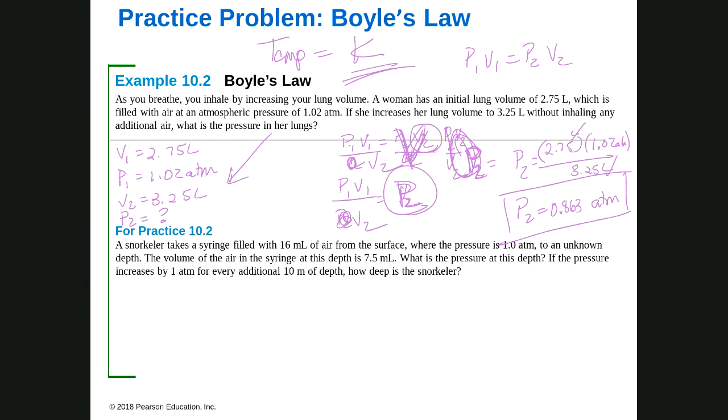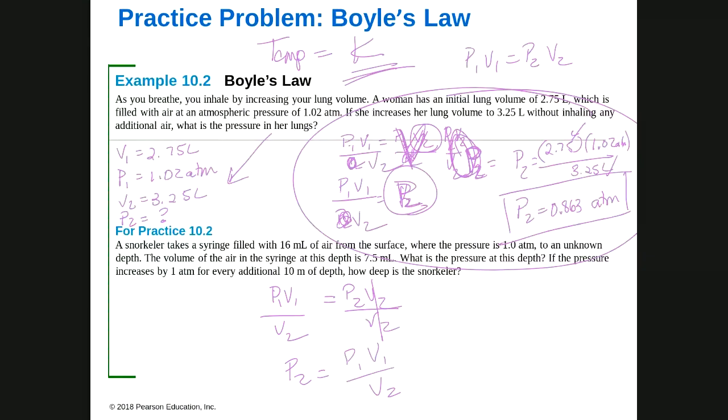So let me redo this down here so you can see that it was P1 V1 is equal to P2 V2, and then I was solving for P2, so I divide both sides by V2, and those cancel, so I got P2 equals P1 V1 over V2, and then I plugged in.